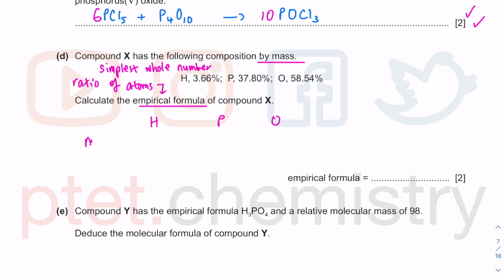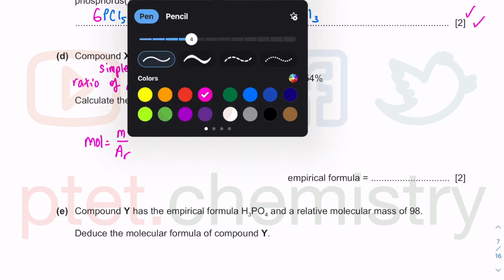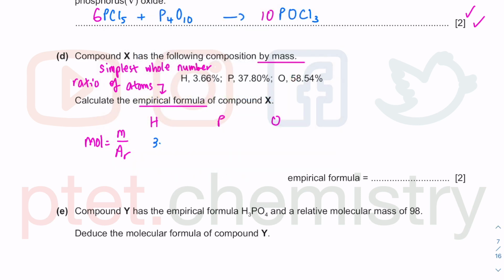So if I do mole equals mass over Ar, because I'm going to divide by the relative atomic mass as I'm trying to find the moles of the atoms. So this is 3.66 divided by 1, that's the relative atomic mass from the periodic table. Phosphorus divided by 31, and then the mass of oxygen in gram, as these are percentage by mass, divided by 16, because it's the simplest whole number ratio of atoms.